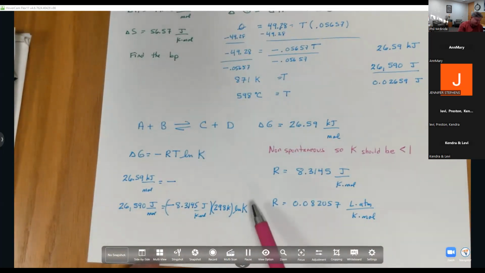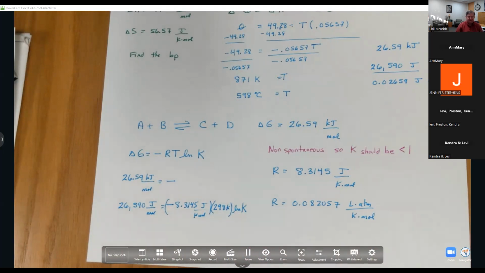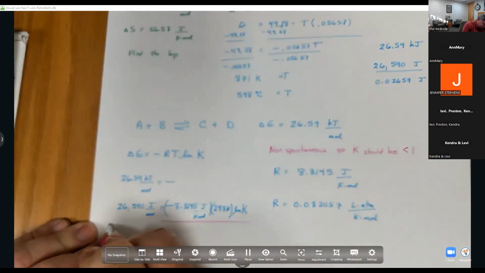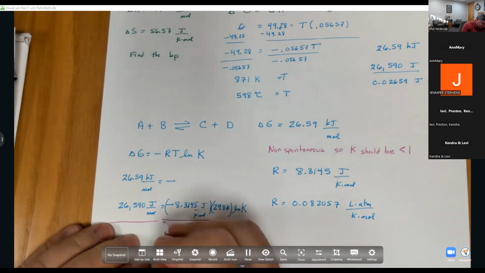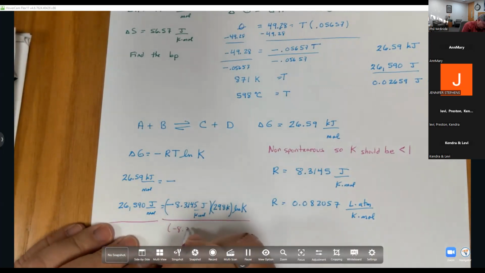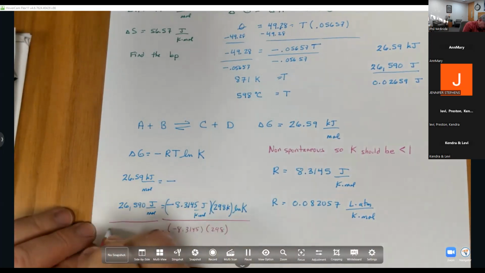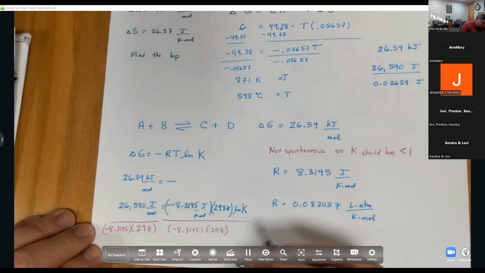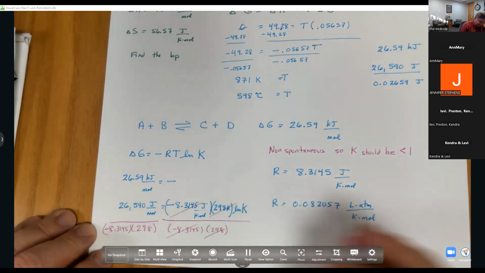So how do I get the natural log of K by itself? Would you divide the two numbers on both sides? Right, and then those cancel.